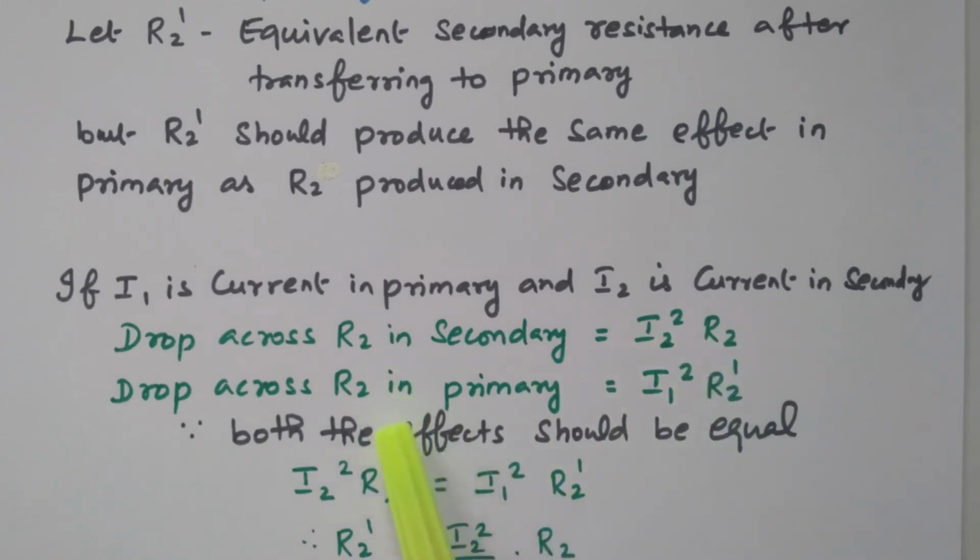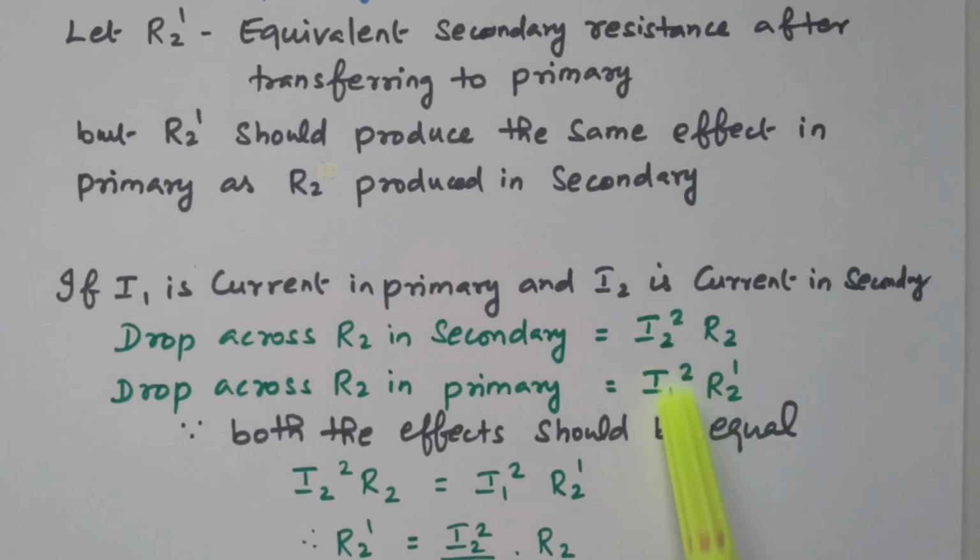The same thing in the primary winding: the drop across R2 in primary is I1 square, because now it is the primary winding. Similarly, while referring to the primary, the R2 is referred to as R2 dash. So I2 square R2 is the resistor and current available in the secondary. While transferring to primary, it becomes I1 square, the primary current, and the resistor becomes R2 dash.